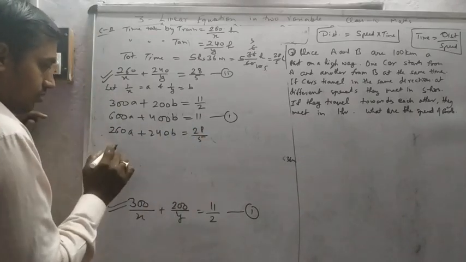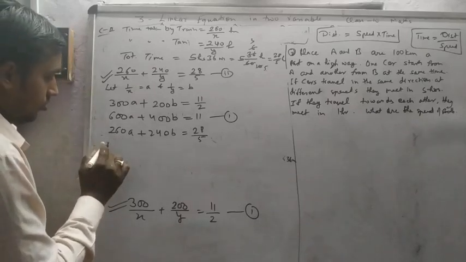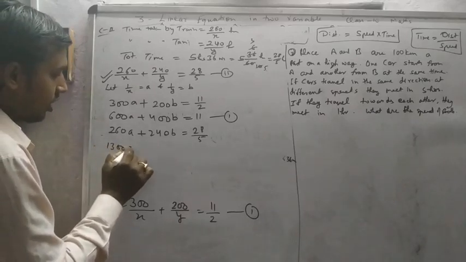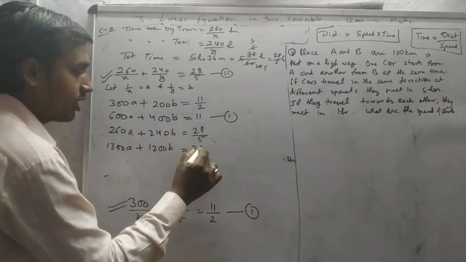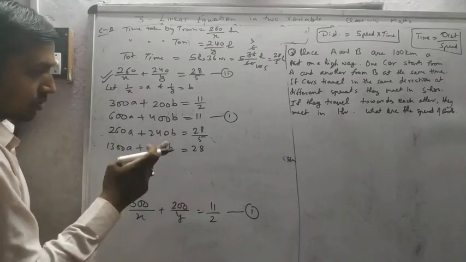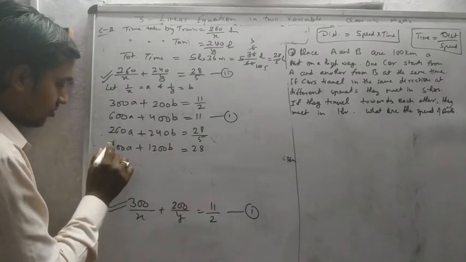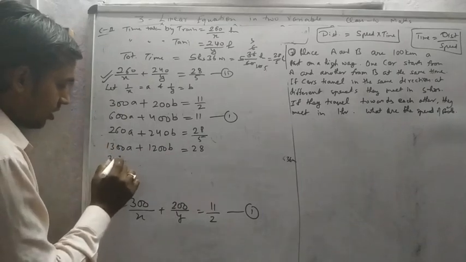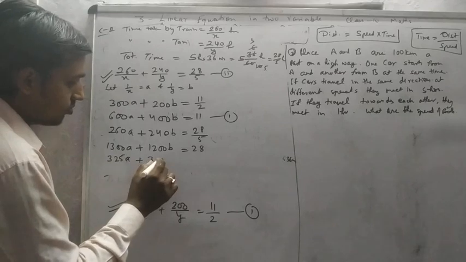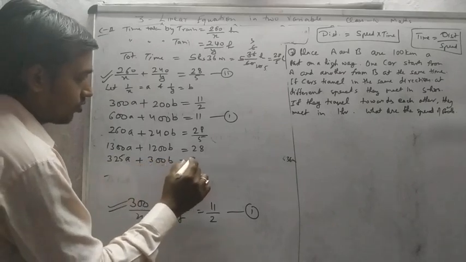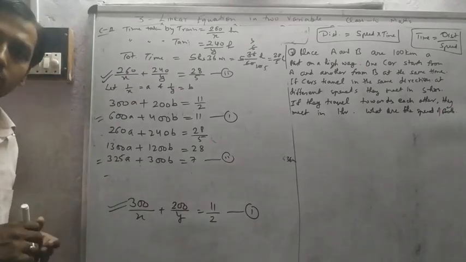Multiply by 5 here, 1300a plus 1200b is equal to 140. I think it is completely divisible by 4. 4 3 12, 4 2 8, 4 5 20 a, 4 3 12 b, 4 7 28. You can solve these two equations.